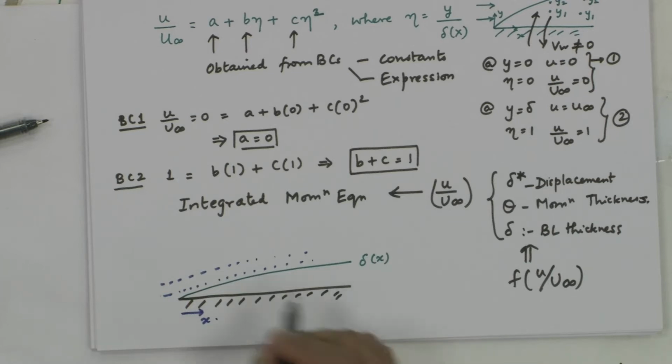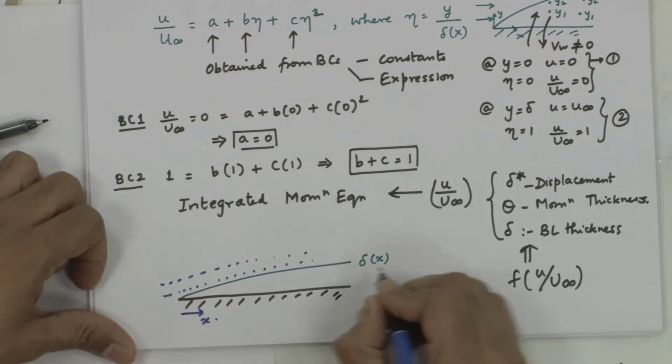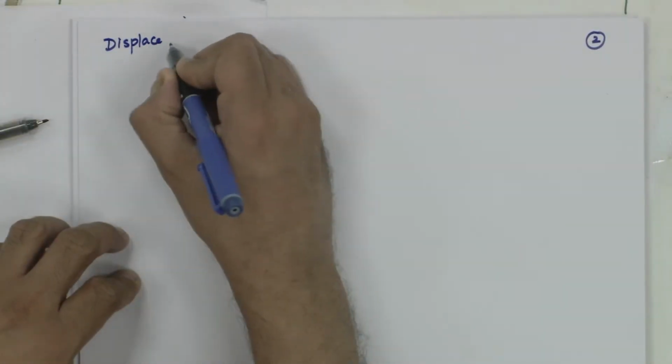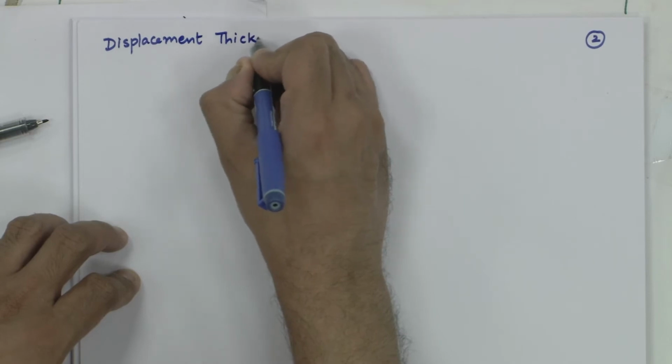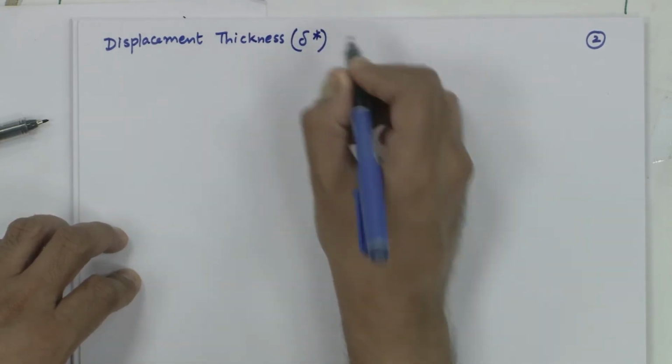If there were no boundary layer, the streamline would just go this way. So, this displacement thickness is given by the symbol delta star.